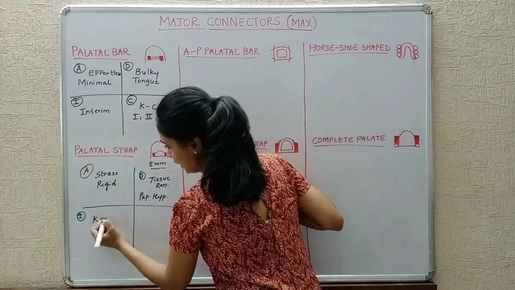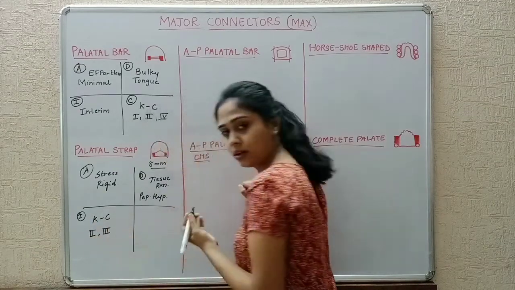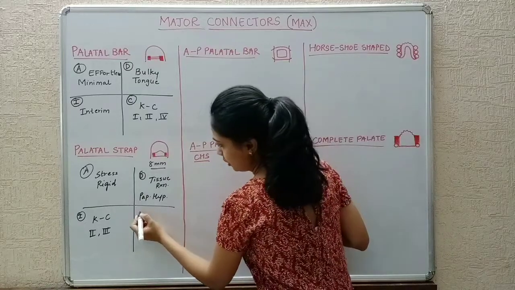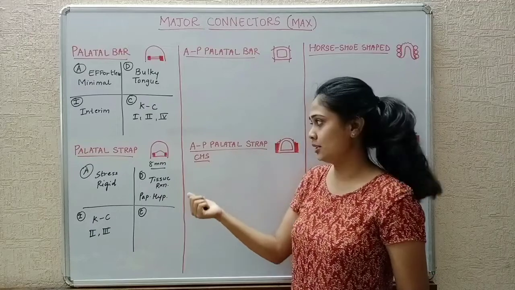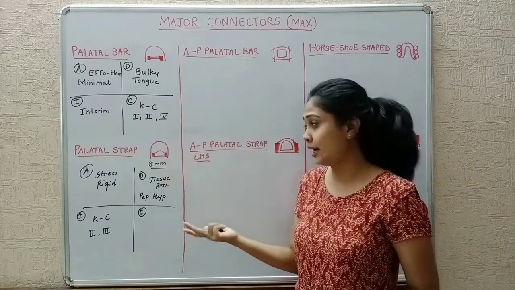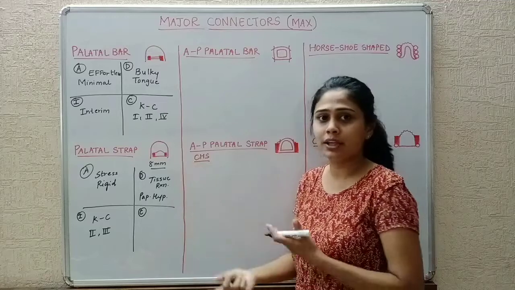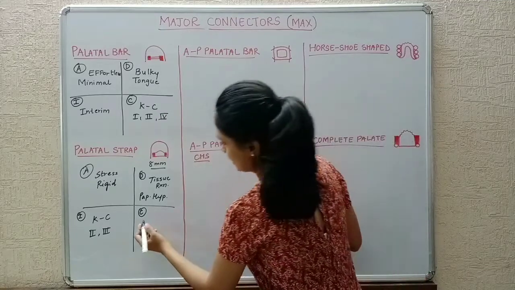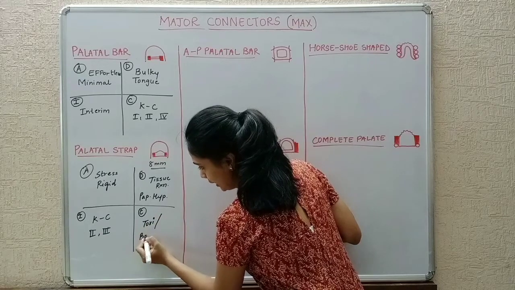It is basically in Kennedy's class 2 and 3. Moving on to the contraindications. When there is bony exostosis or tori present in the palate, we have to give relief. And using a palatal strap, we cannot provide relief. So here we can say the contraindications are tori or bony exostosis.